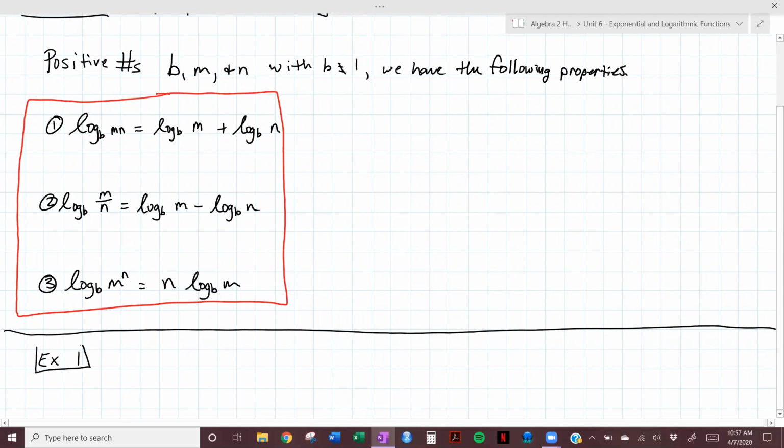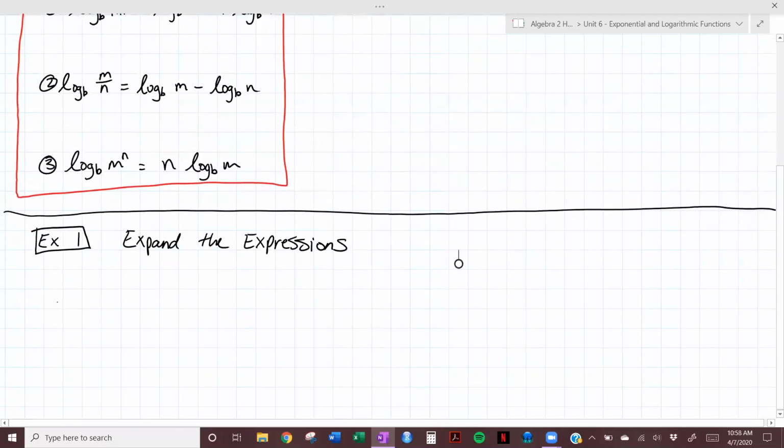So we have example 1, and we need to expand each expression. For A, we have log base 5 of a squared b to the 7th.